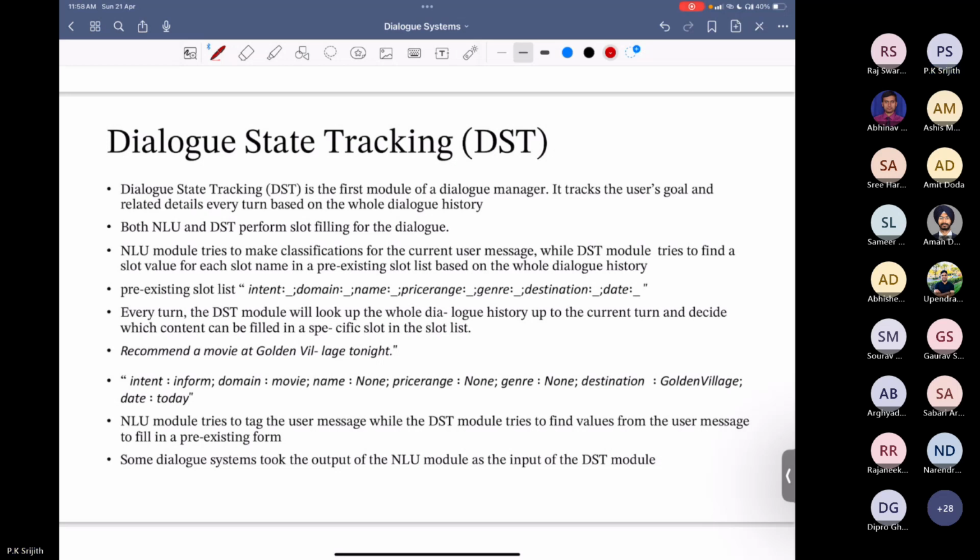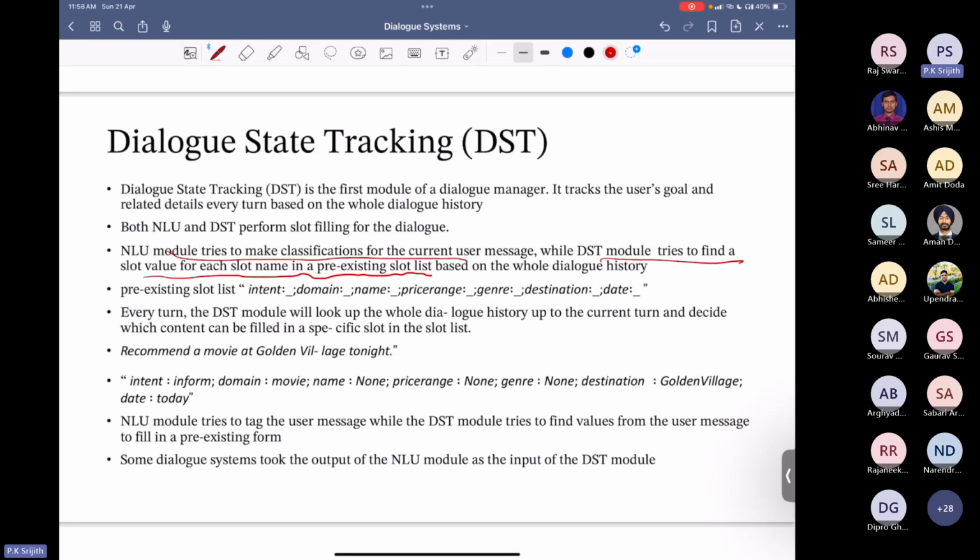So the NLU module does the classification of the user messages, and the DST module tries to find out the slot value for each slot name based upon the domain they are talking about.